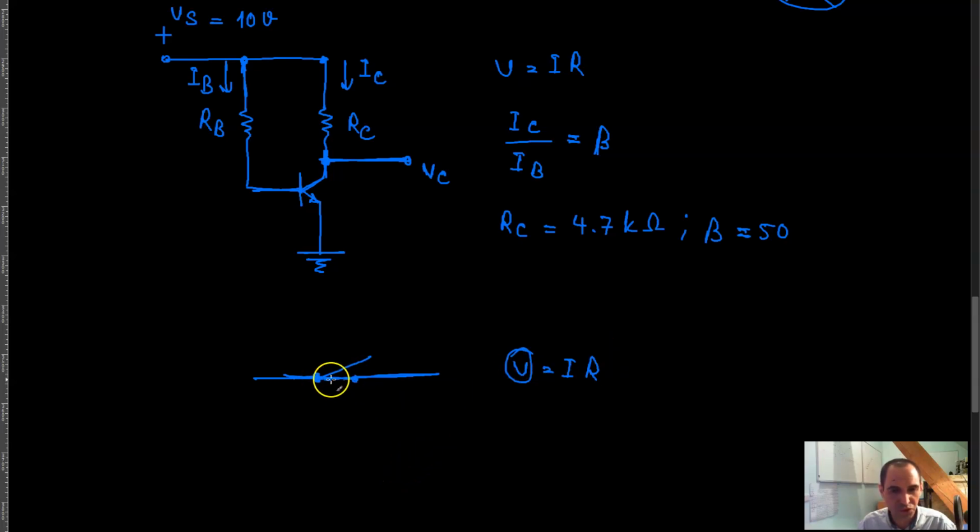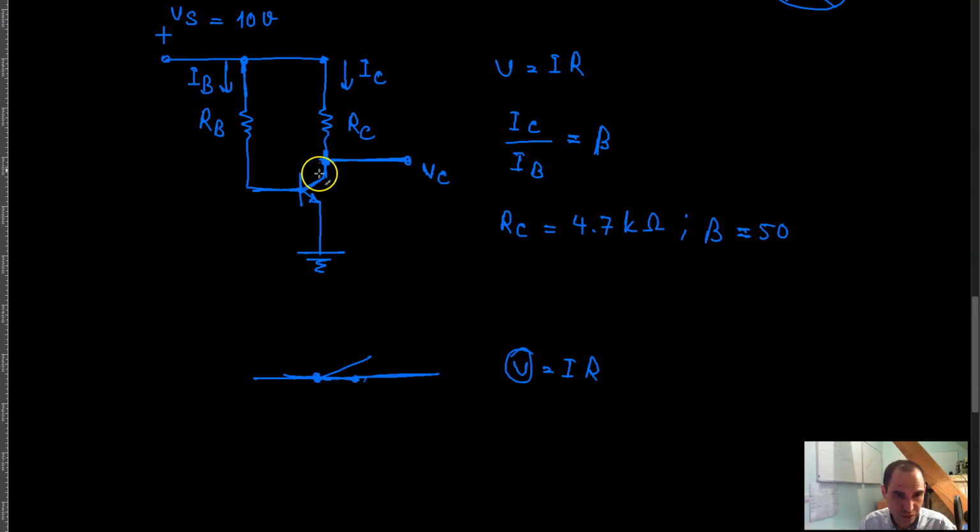That means that the voltage drop across the switch is going to be 0 volts, right? If there is some resistance across these two terminals, of course there is going to be some voltage drop across the terminals. But since when you close the switch the resistance is 0, the voltage drop is going to be 0.